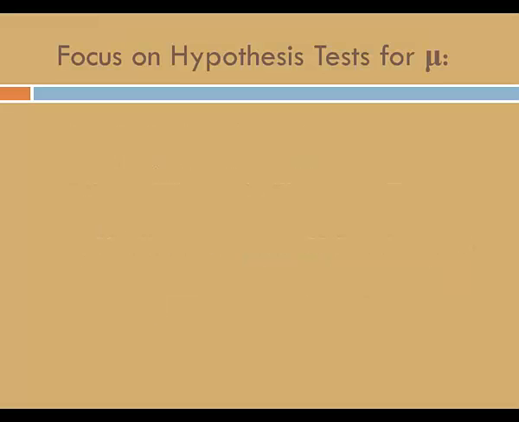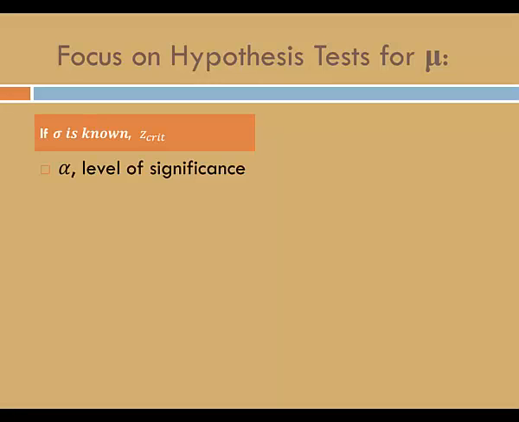Let's focus on hypothesis tests for the population mean, mu. If sigma is known, that's the population standard deviation, then the test statistic will follow a standard normal distribution, and we should use a critical value, z. We'll have to choose a level of significance.